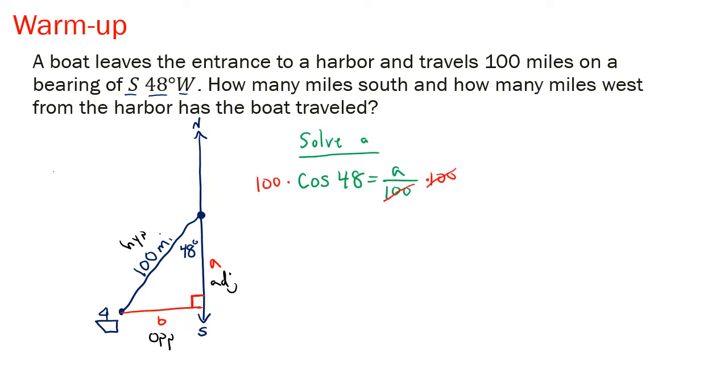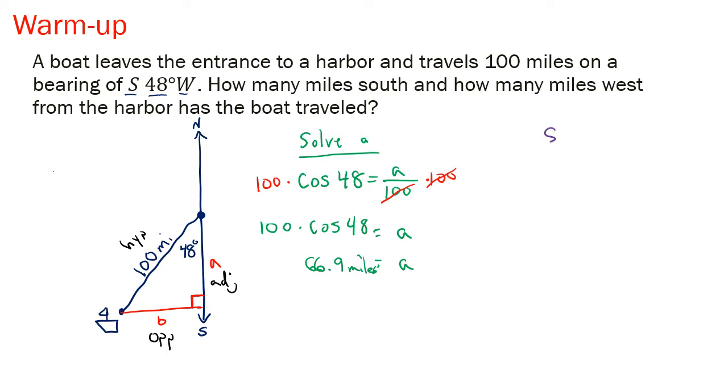So the hundreds are going to cancel out. So you're going to have A equals 100 times cosine 48. You type that into a calculator. And we get 66.9 miles.